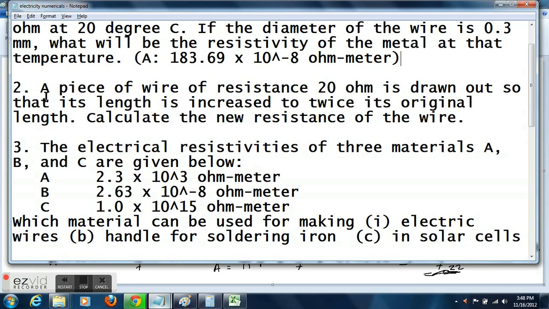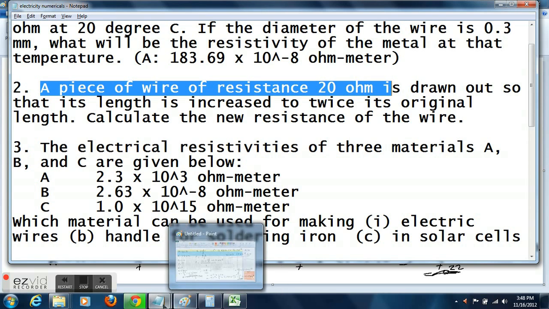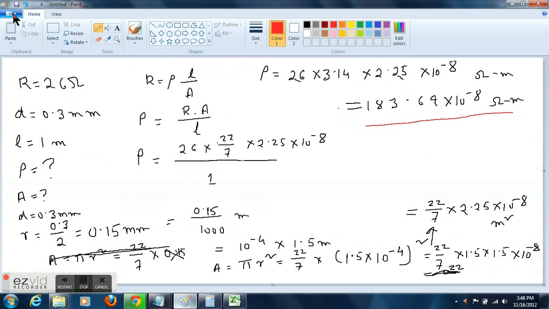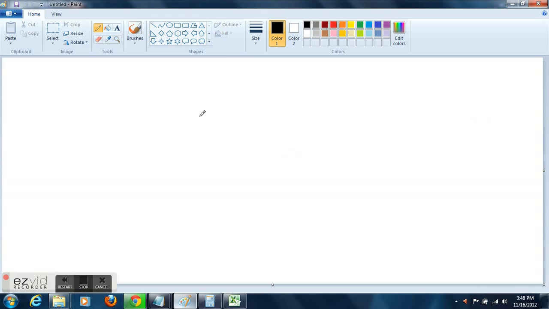Now let us look at problem number 2, where a wire of resistance 20 ohm is drawn out, that means it is pulled, that is stretched, so that its length is increased to twice, that means length will become double, and we have to find out what will be the new resistance.